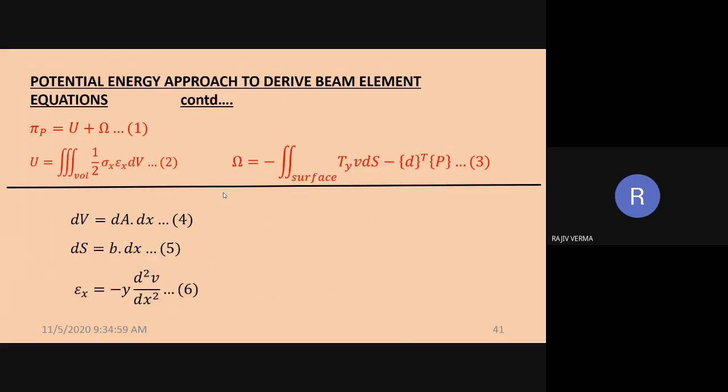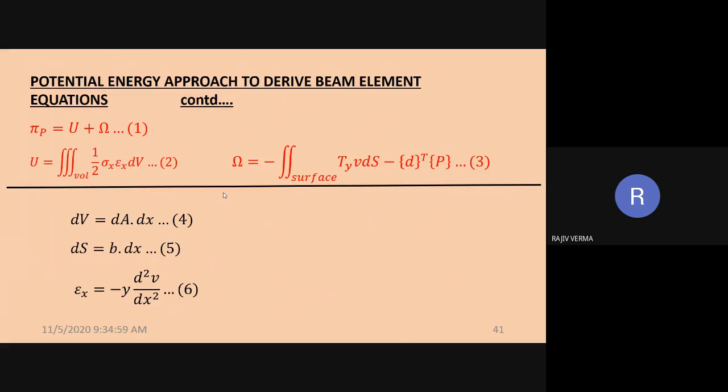And here comes a difference between a bar element and a beam element. In the bar element, if you know the displacement field, you simply differentiate it to get the expression for strain.